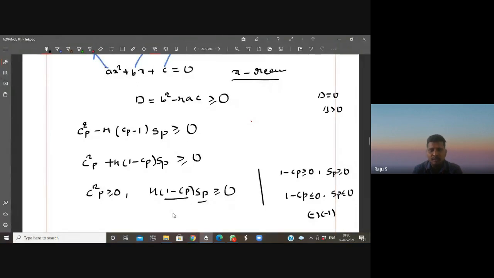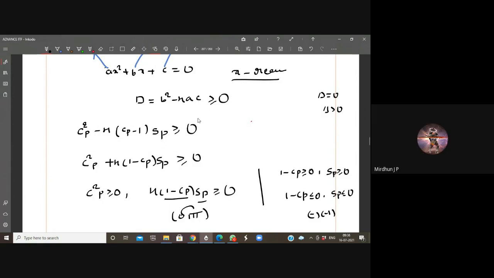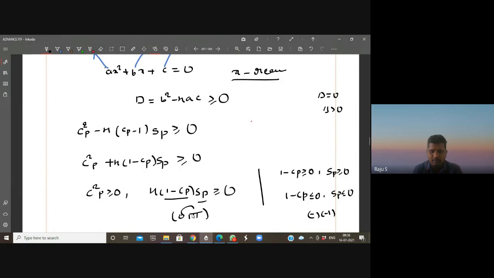When you take 0 to pi here, it must be positive. In 0 to pi, cos is negative in the second quadrant, so negative into the already minus cos p is there. In the first quadrant, it is positive.